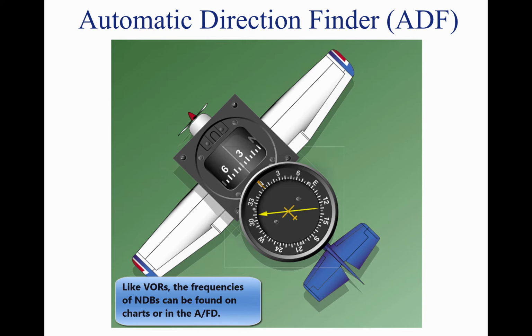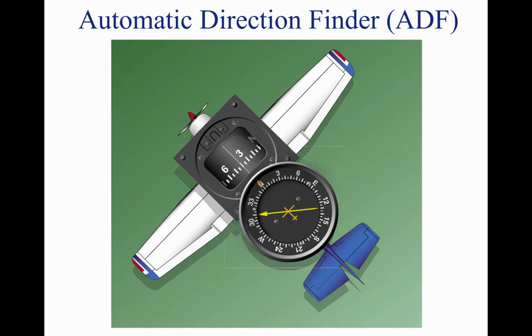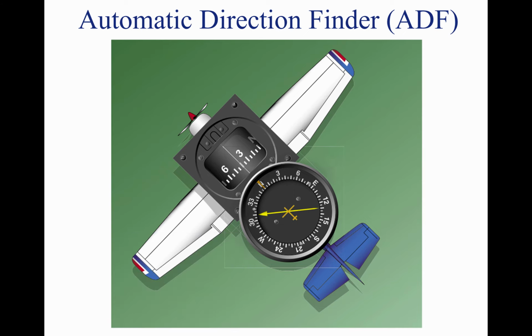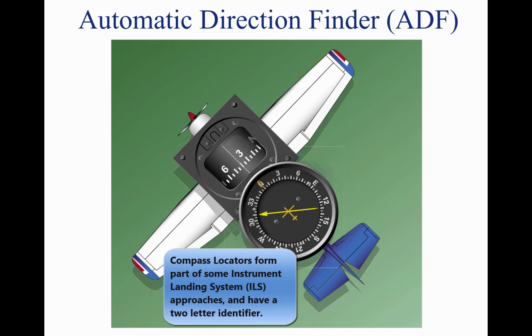The frequencies are readily available on aeronautical charts or in the AFD. All radio beacons except compass locators transmit a continuous 3-letter identification in code, except during voice transmissions. A compass locator, which is associated with an instrument landing system, transmits a 2-letter identification.